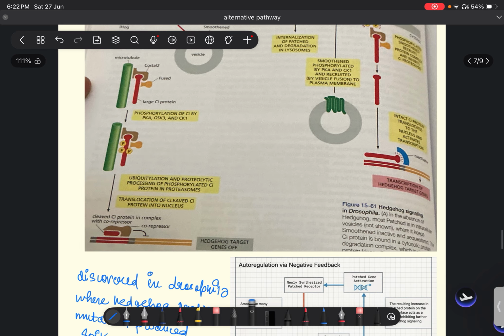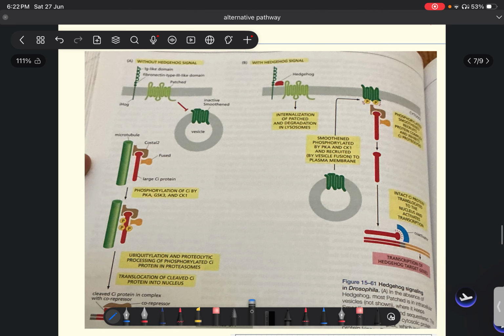And later on this causes ubiquitinylation and proteolytic processing, and therefore this cleaved CI protein gets into the nucleus and recruits co-repressor. Therefore the hedgehog target gene is off.